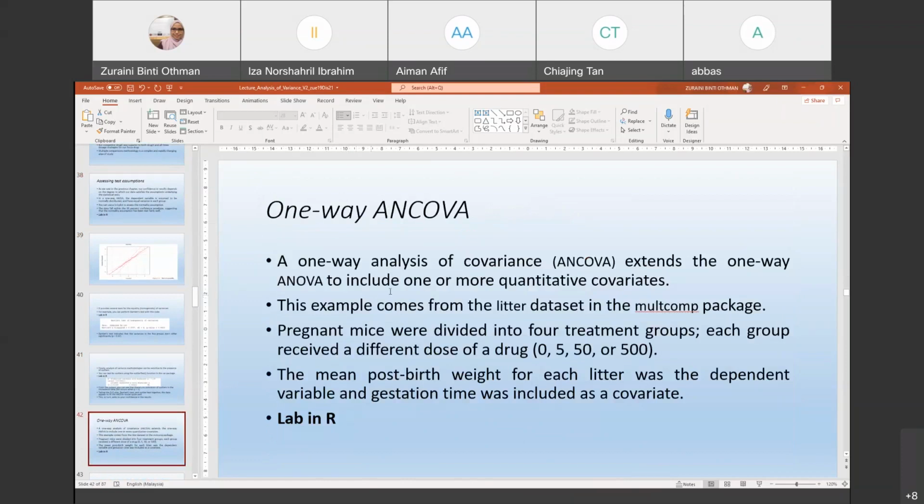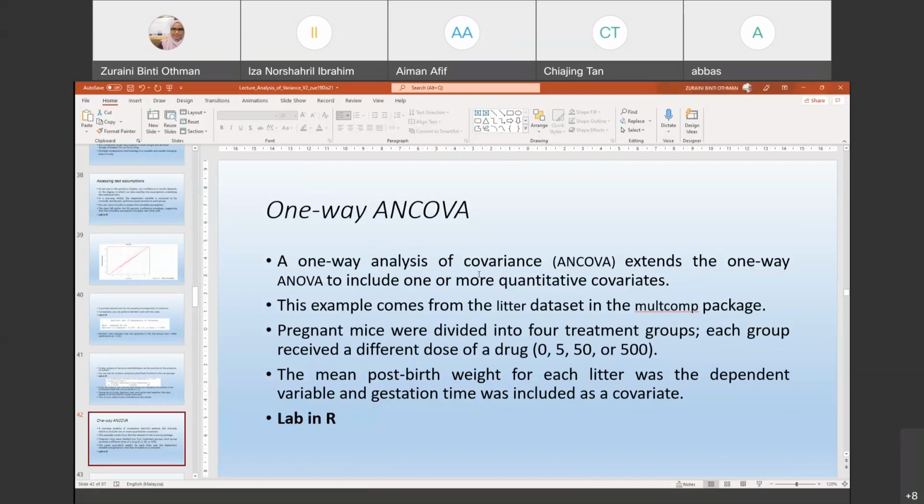This is one-way analysis of covariance. It extends the one-way ANOVA to include one or more quantitative covariates. Previously, in the first few slides, we just learned the terms that we will use, and now we will use these terms to test it in R. So here is one-way ANOVA.